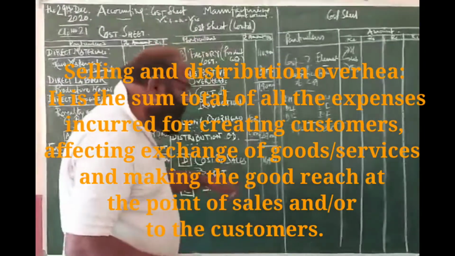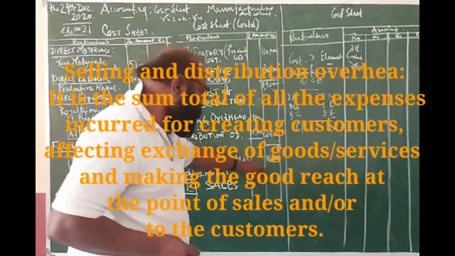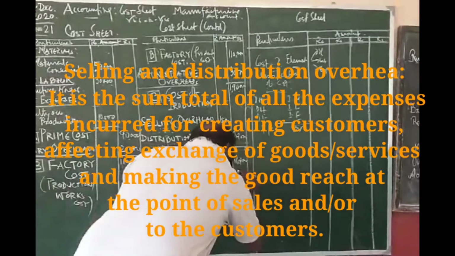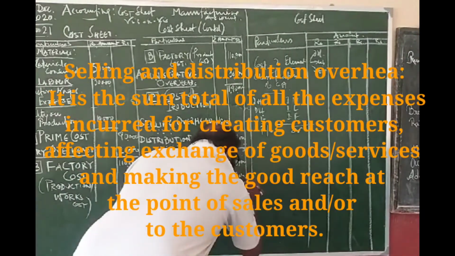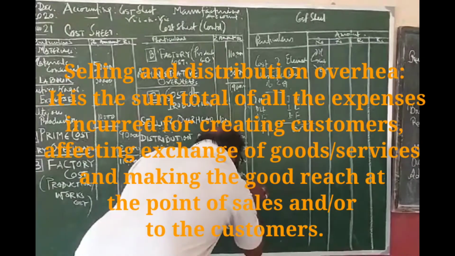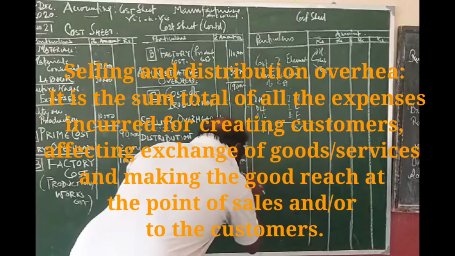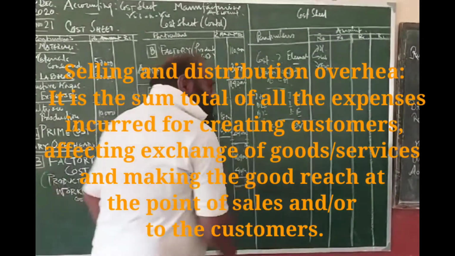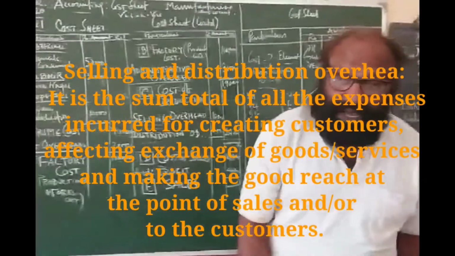Now, if you think you want to earn 25% profit, that is a 1/4 profit, how much is that? 40,100. So you add that and you will get the sales price of the goods you have sold. Clear?